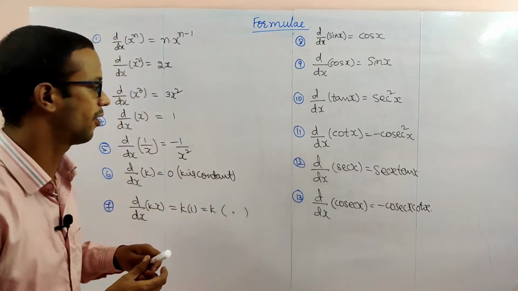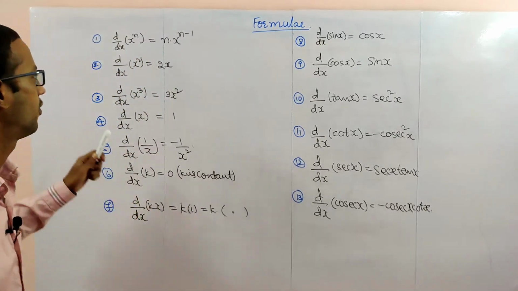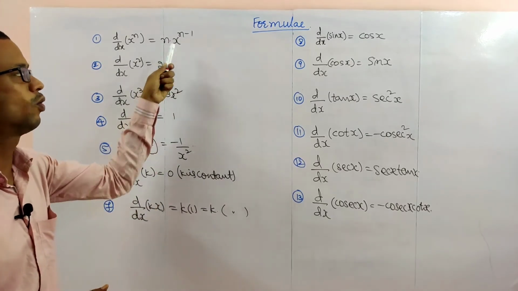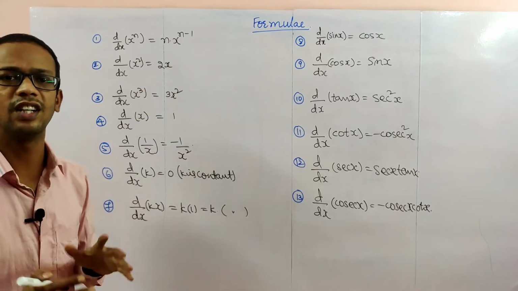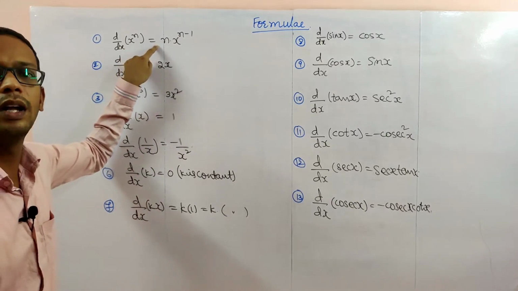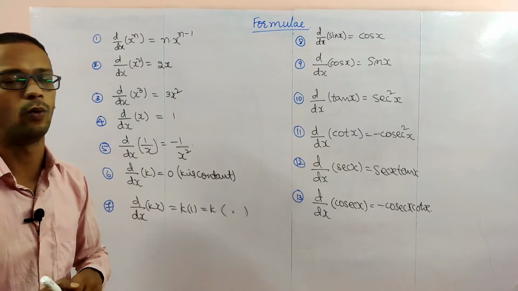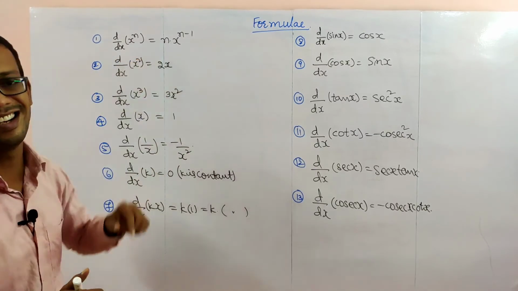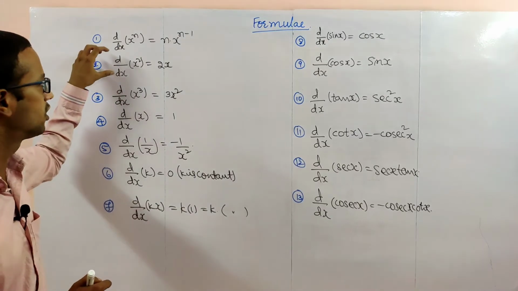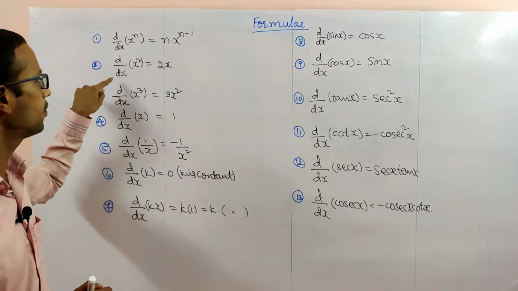Now you see here some important formulas I wrote. D by dx of x power n is n into x power n minus 1. This is the formula you have to remember. How did we get this answer? By using the first principle of derivative. Here n is any integer or any real number. We will use this in a lot of places.